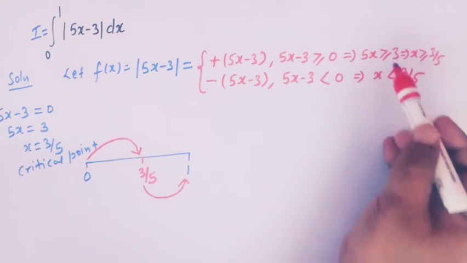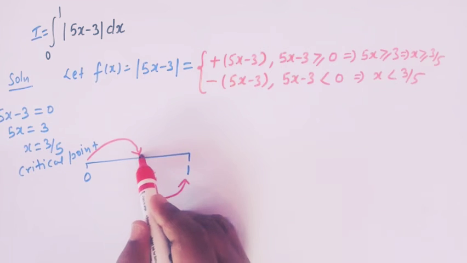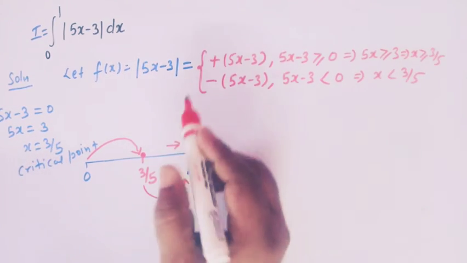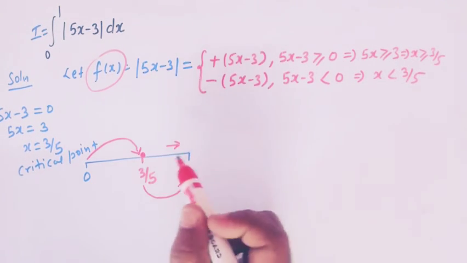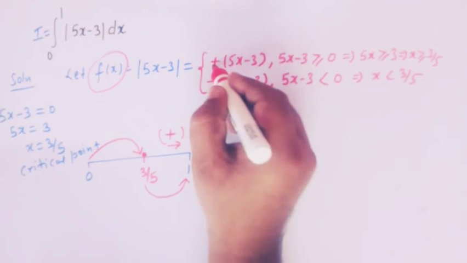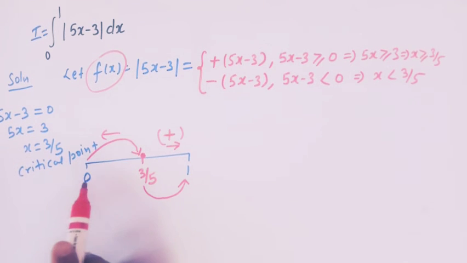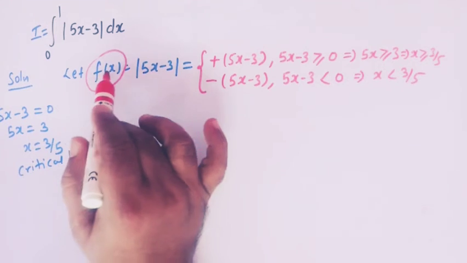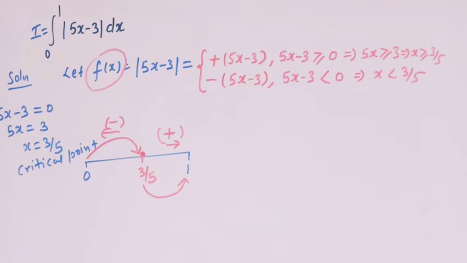So it implies that when x is equal to or greater than 3 over 5, then the sign of this function is positive, and when x lies between 0 and 3 over 5, then f of x is negative, right?